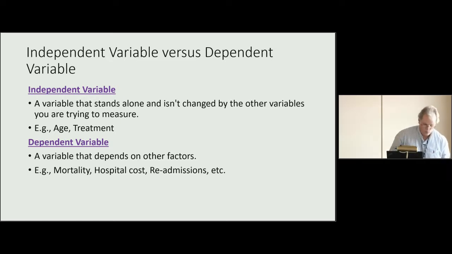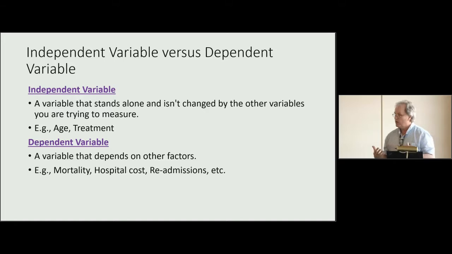So what do I mean by an independent variable versus the dependent variable? When designing the study and planning the analysis, it's really important to distinguish between what an independent variable is and what a dependent variable is. An independent variable is just that, as the name implies. It's a variable that stands alone, isn't changed by other variables you're trying to measure.